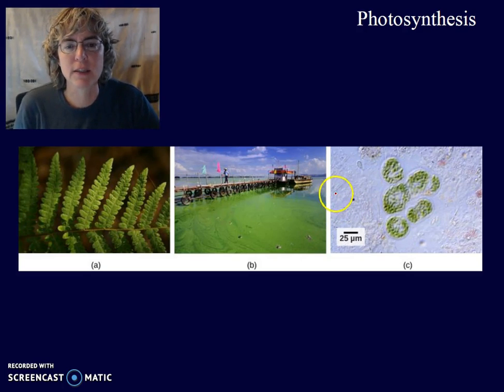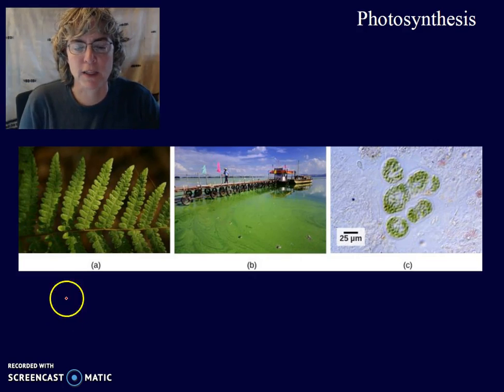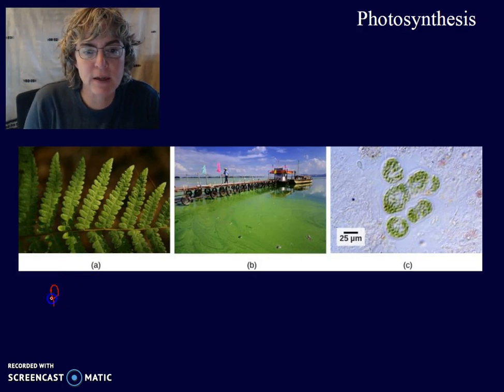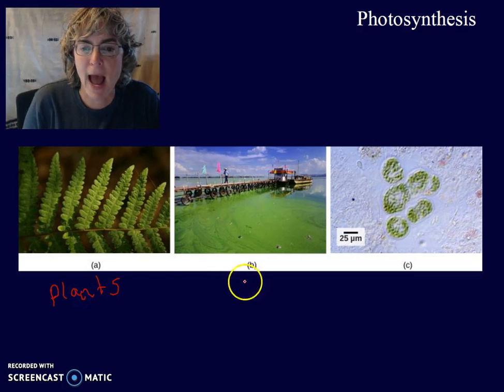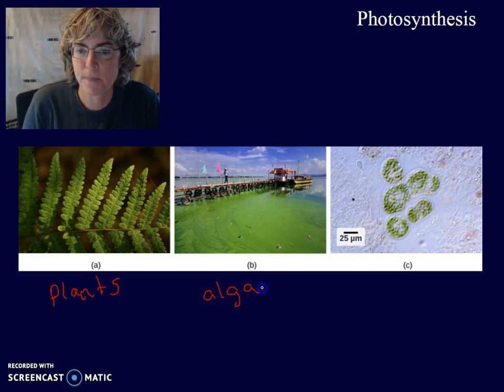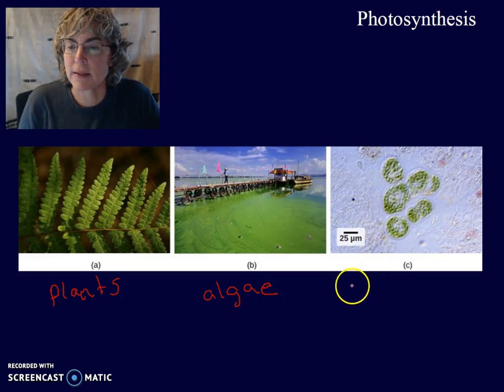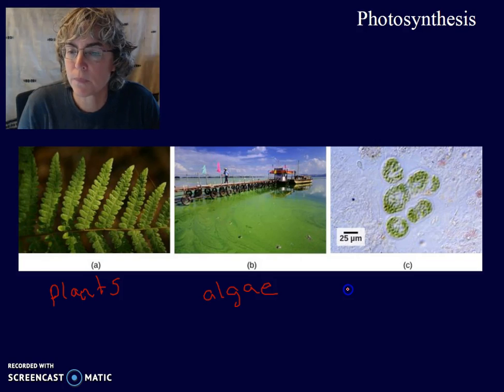So who does photosynthesis? Plants do photosynthesis, algae, and cyanobacteria.